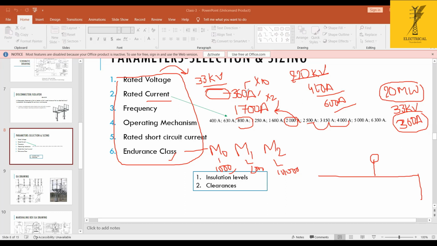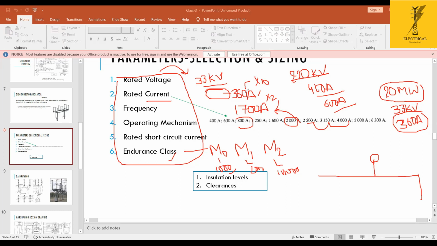And apart from this, there are some important parameters that we specify in the specification, where we include some clauses. My isolator should ensure electrodynamic withstand ability during short circuit without any risk of repulsion of contacts.